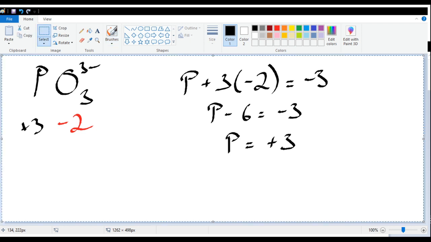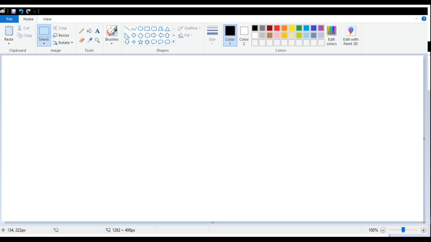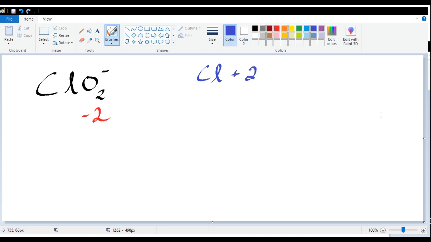So next up is chlorite. ClO2 1-. As per usual, oxygen is -2. Chlorine plus our 2 oxygens has to add up to -1.